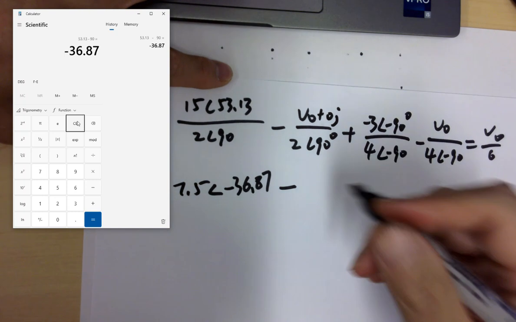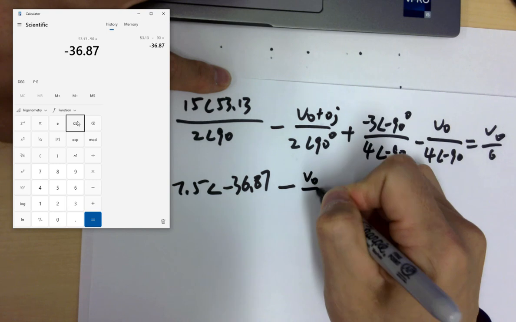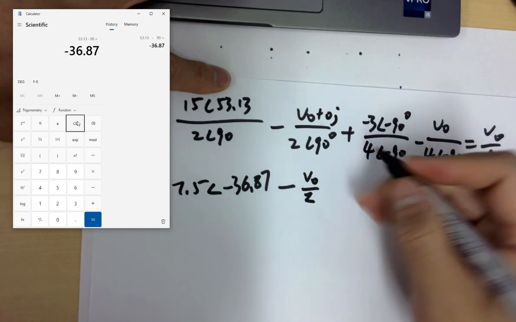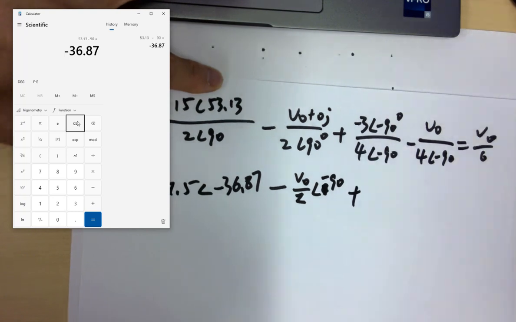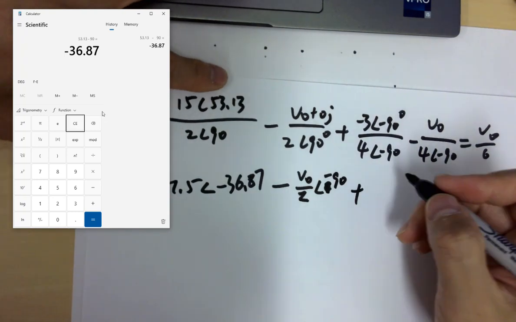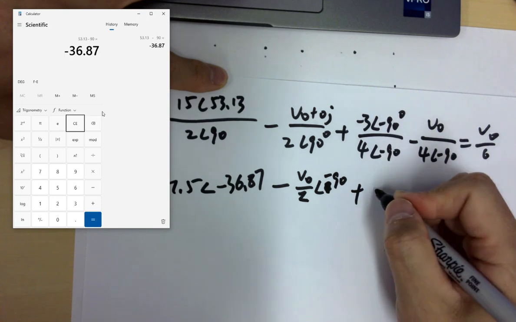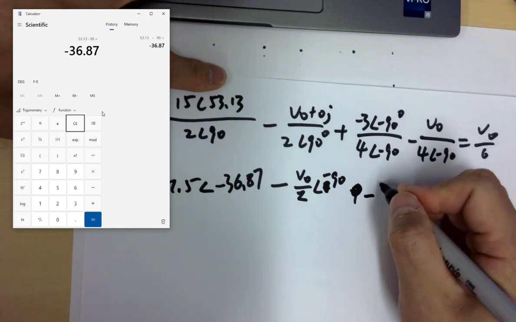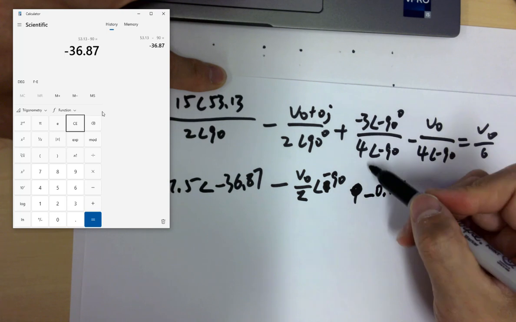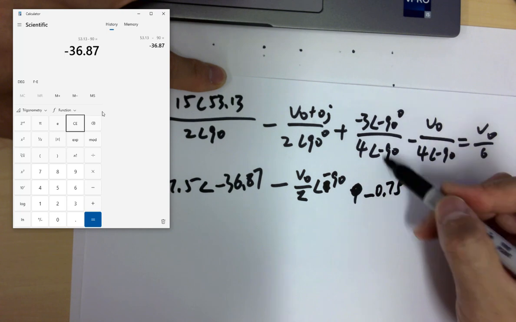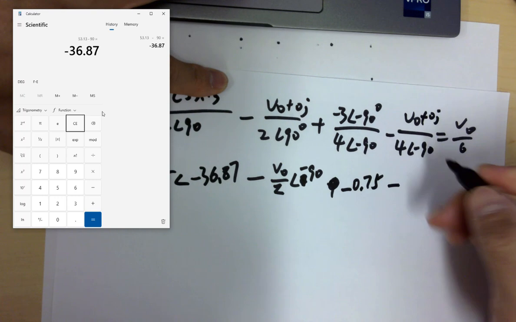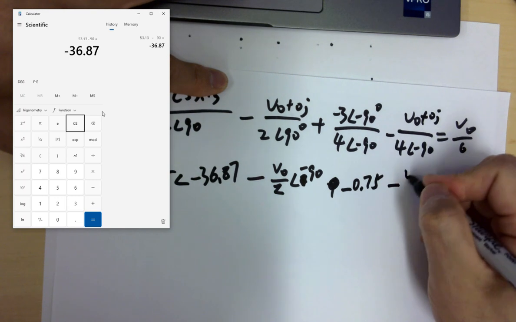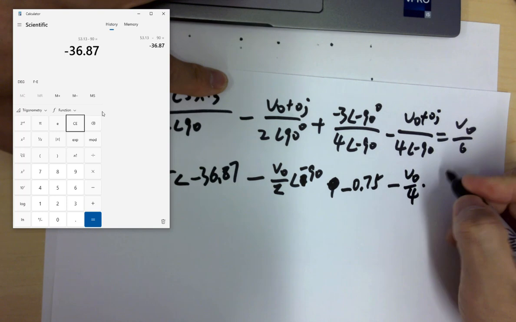So the amplitude is V0 over 2, and the angle is negative 90 degrees, plus this one, which is minus 0.75. This is gone, so 0 degrees. And this is also 0j plus 0j. So we're getting V0 over 4 times the angle, which is 90 this time.